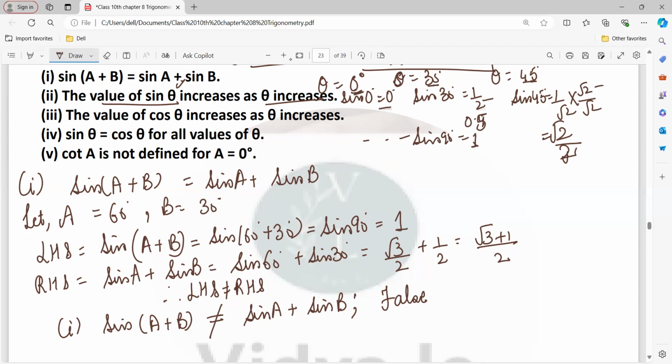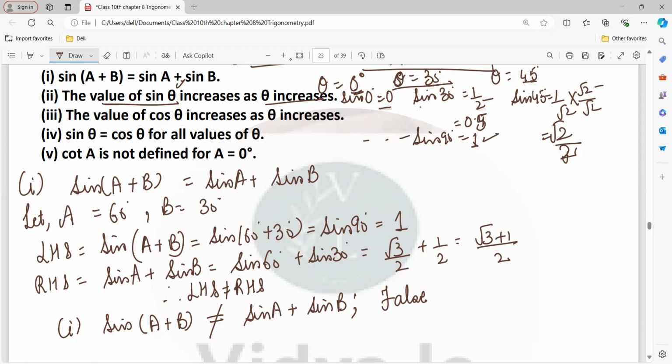When we have taken theta as 30 degrees, sine theta we got is 1 by 2, which is 0.5, which is more than at 0 degrees. For sine 45 degrees, we got 1 by root 2, greater than 0.5. Now, for sine 90, we got the value 1, which is greater again.